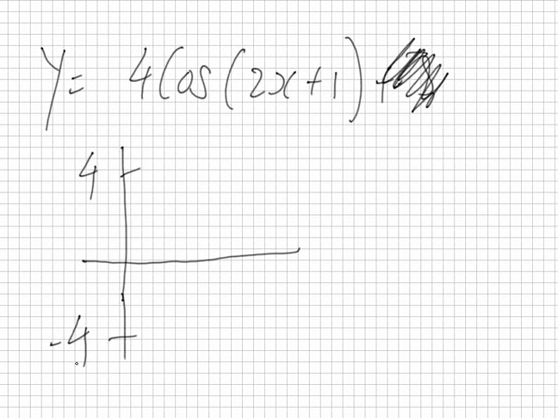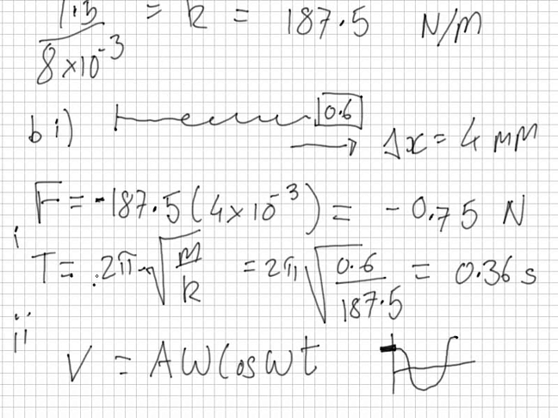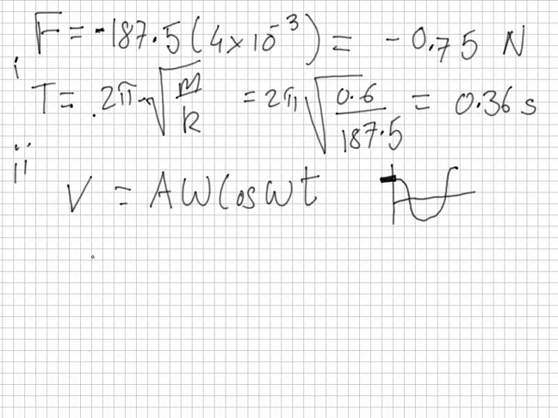Yes. Okay, keep that in your brain, and let's swing back here. So what's the maximum and minimum here? A omega, right? So the maximum the velocity could be is A omega.